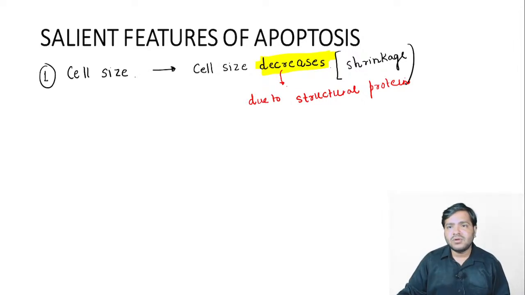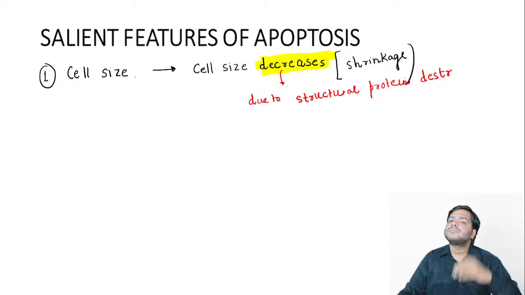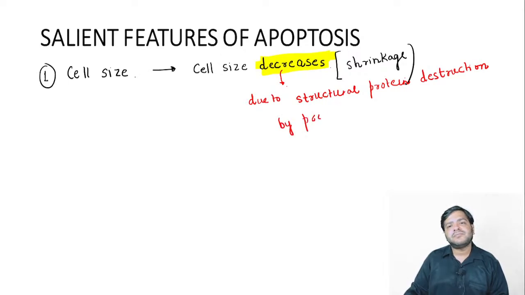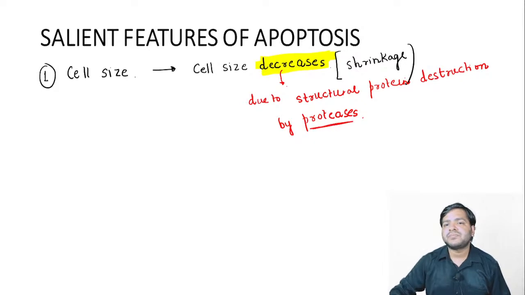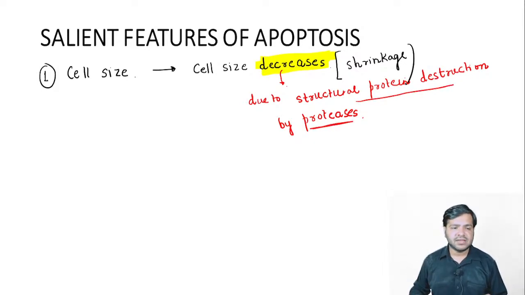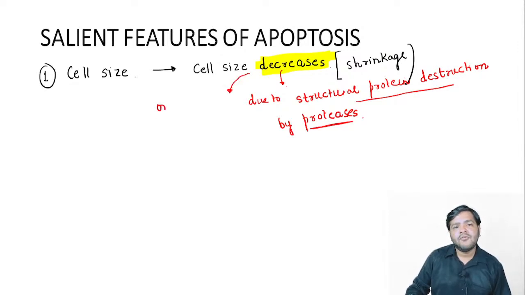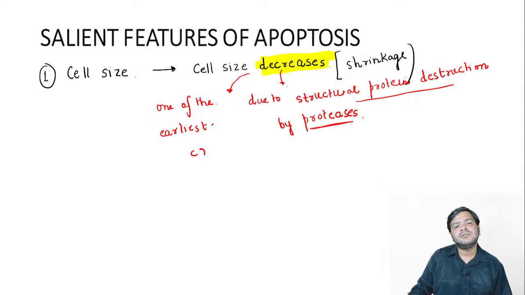So it is due to structural protein destruction by proteases. I've already discussed this. And remember that decrease in the cell size is one of the earliest changes.